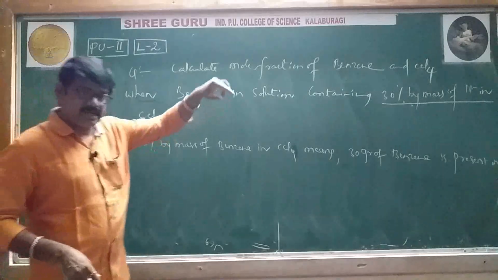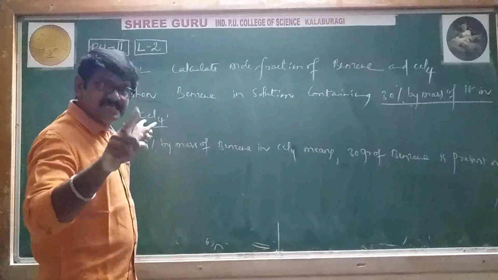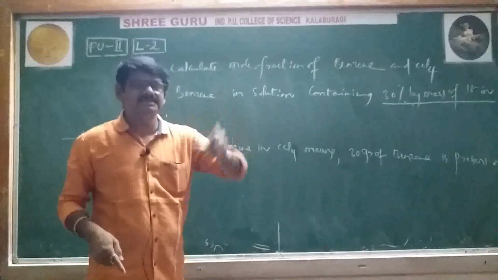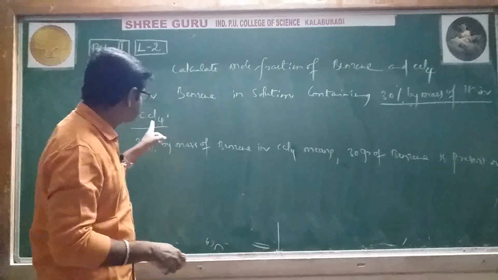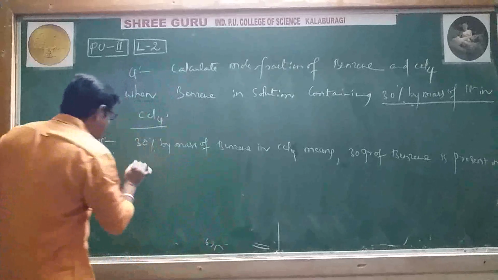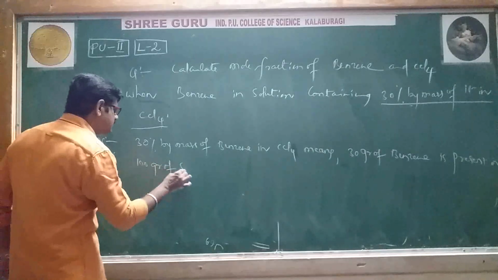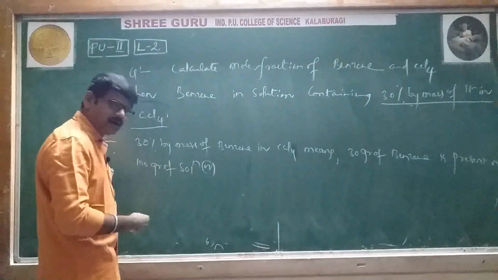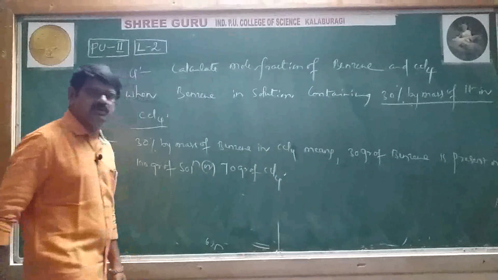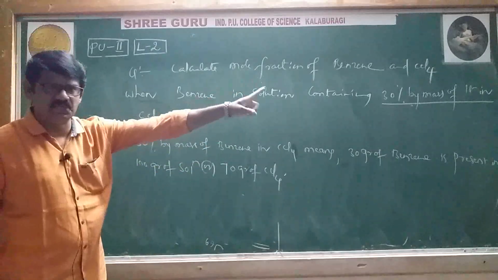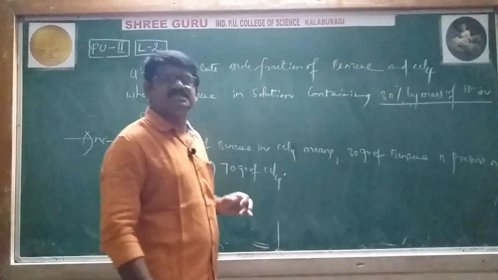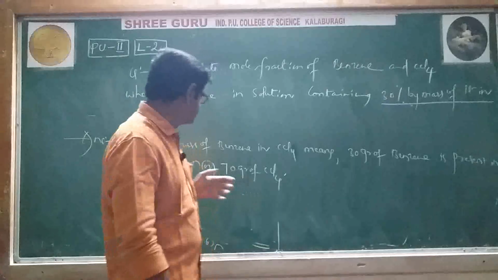Then 100 grams of solution means CCl4 is the solvent, so 100 minus 30, the remaining 70 grams, is CCl4. You can write like this: 30 grams of benzene is present in 100 grams of solution, or 70 grams of CCl4 also. Benzene is the solute, CCl4 is the solvent, right? Both components' mole fractions we have to calculate, right?